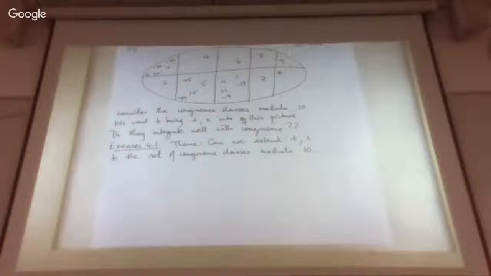So any polynomial function at all, which we understand as a function of the integers, with integer coefficients, is going to map integers to integers.